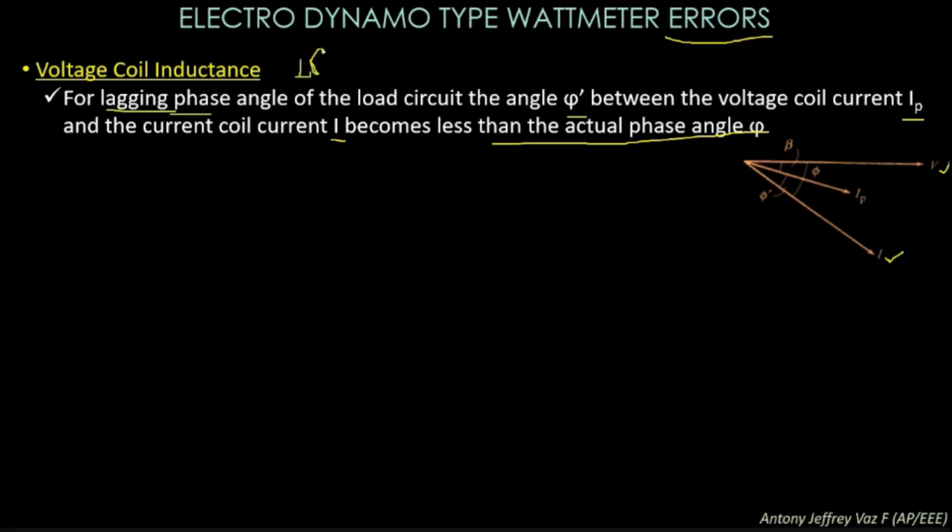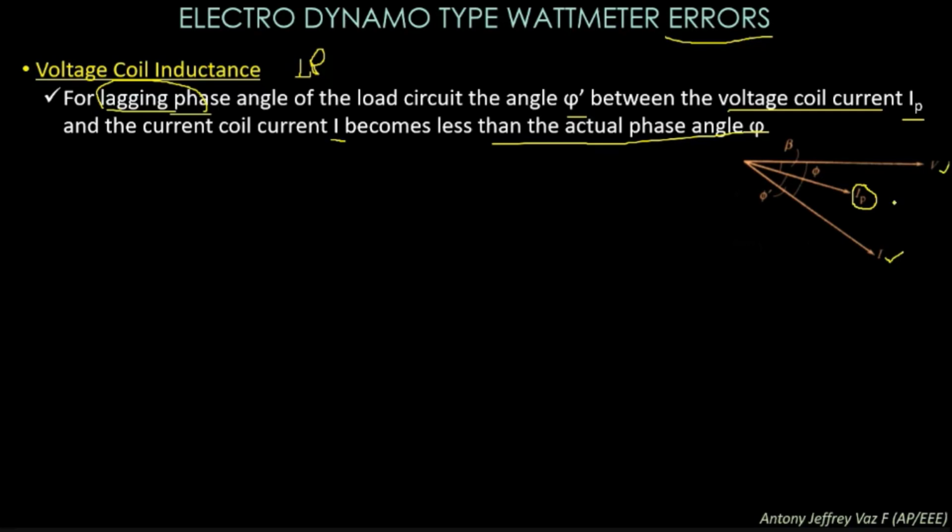If you connect an inductive load to the wattmeter, the inductive load will produce a lagging phase angle. This lagging phase angle will make the lagging power factor. So the current flowing in IP, that is the voltage coil current, will lag by an angle of phi.